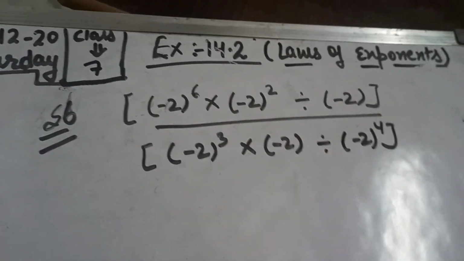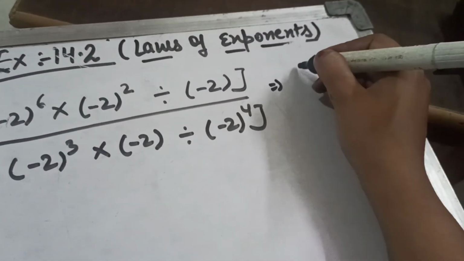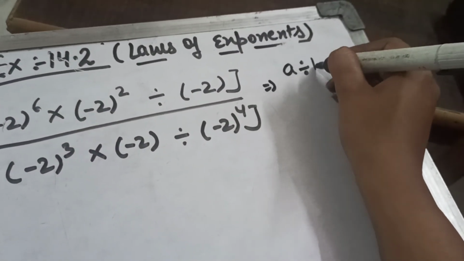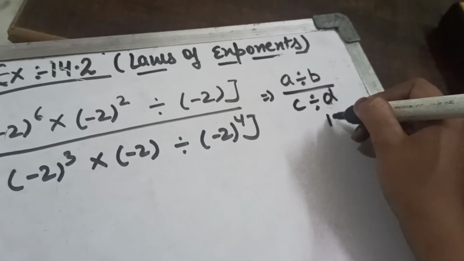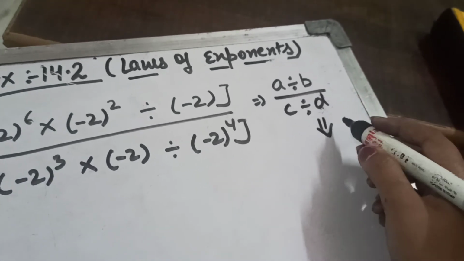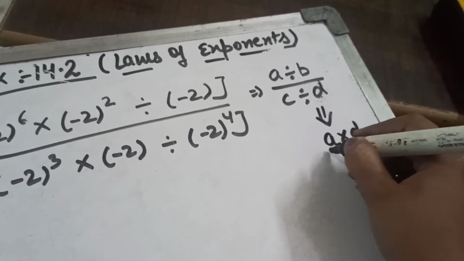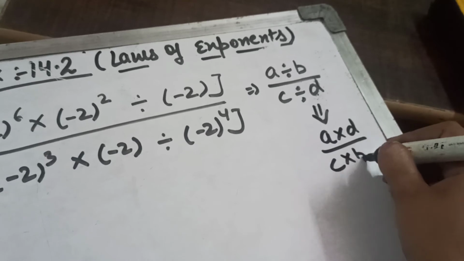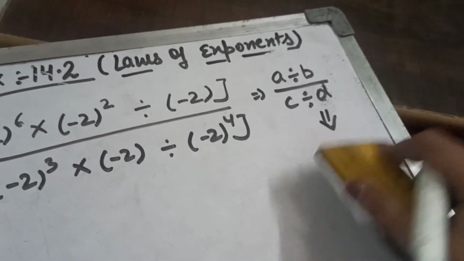Now see, we will go with this type: A divide by B, C divide by D. Then it will change that A multiply with D and C multiply B. How it will change? Let's see that.